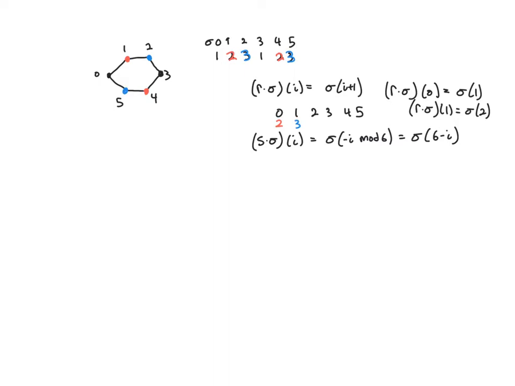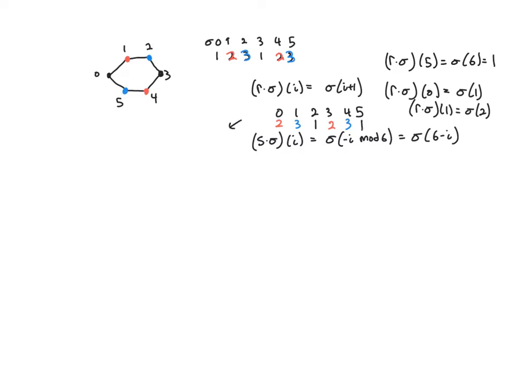And then you can see how this pattern works. The idea is each of these numbers is going to move exactly one to the left. So then 1, 2, 3. Finally, r dot sigma of 5 is sigma of 6, which is sigma of 0, which is 1.